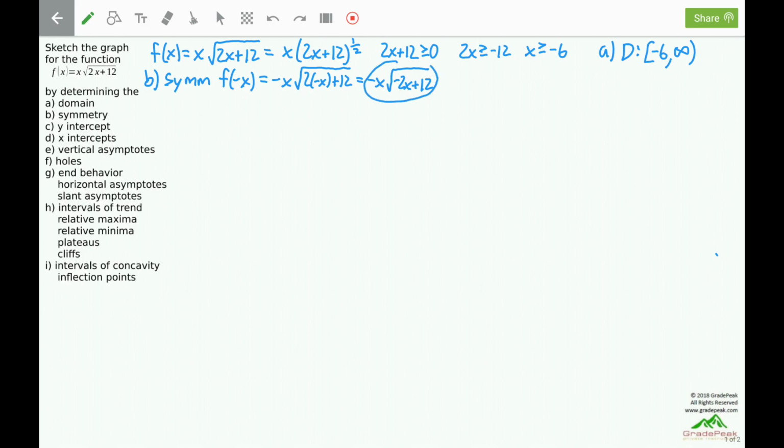Comparing this result to the original, it does not equal the original, because inside the root there's a -2x but a positive 12 still. And since it does not equal the original function f of x, it will not have y-axis or even symmetry.